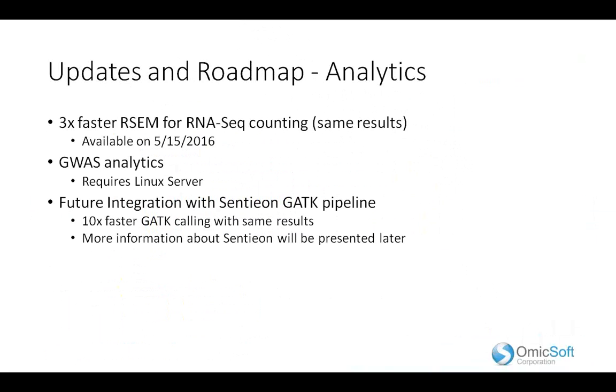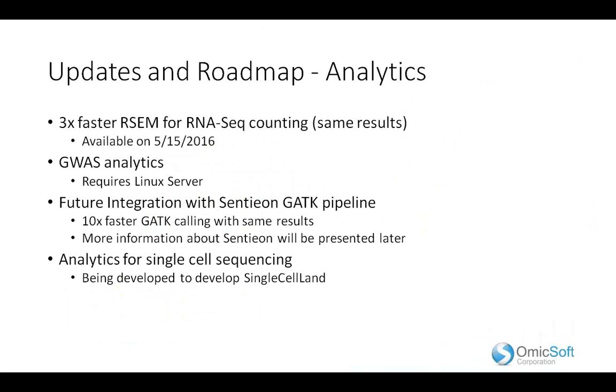Also, we have another exciting talk this afternoon on the DNA-seq side, on how to incorporate the Sentieon GATK pipeline, which will be 10 times faster, with potentially seamless integration into our system. And also analytics for single-cell sequencing as part of the development of SingleCellLand. A lot of these details will be mentioned in the later talks.